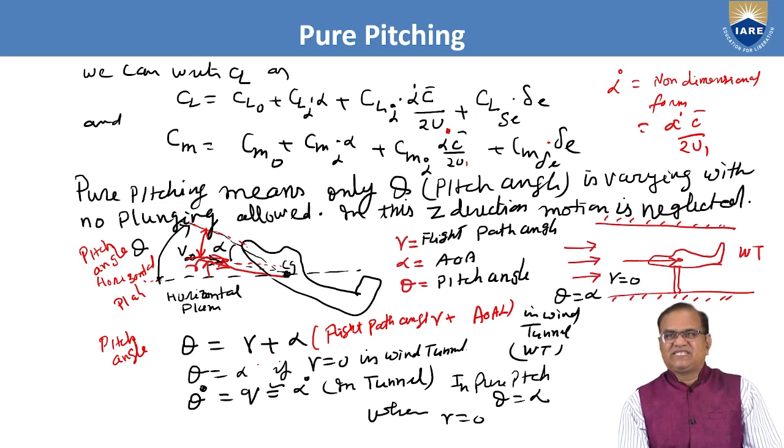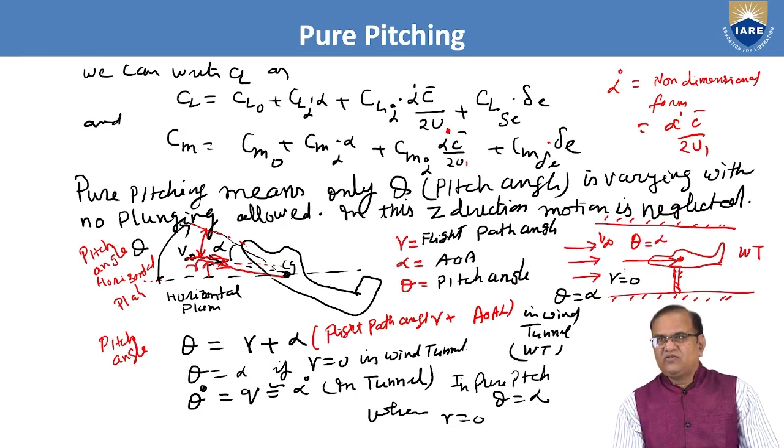For the pure pitching case, we can see here, if this is the wind tunnel, we have fixed the aircraft from the bottom. This is your mounting. Aircraft is fixed. The wind direction V infinity is flowing from here. Here, if you see, there is no gamma. Gamma is 0. So in this case, if gamma is equal to 0, this pitch angle theta will be equal to alpha, the angle of attack.